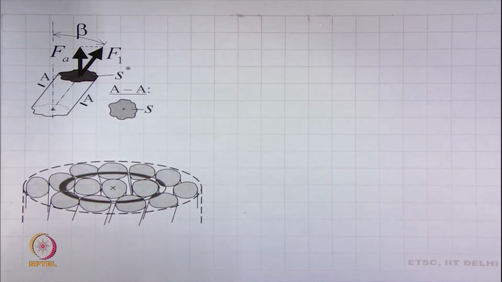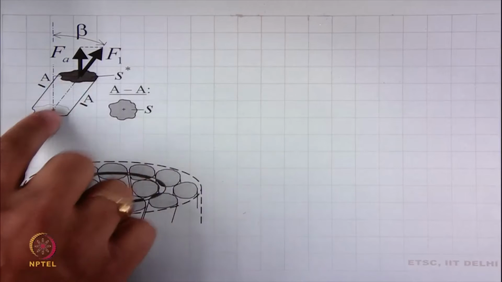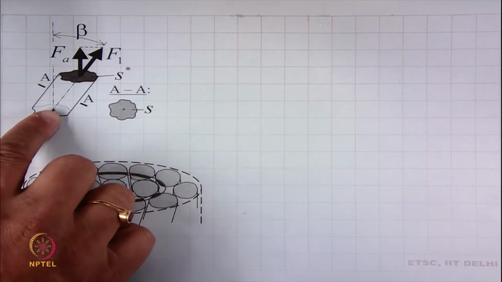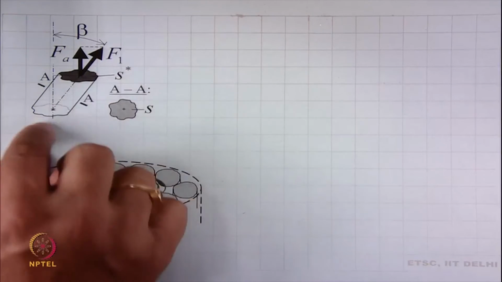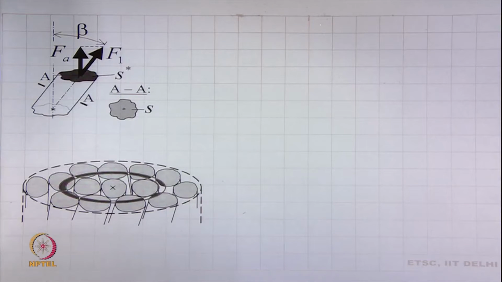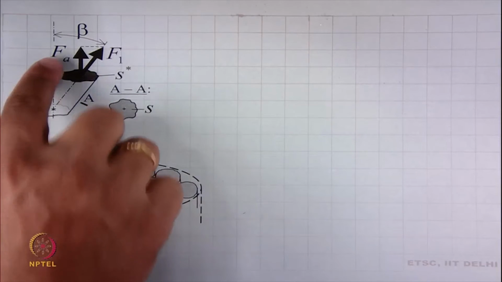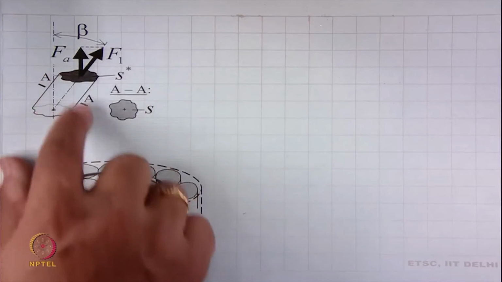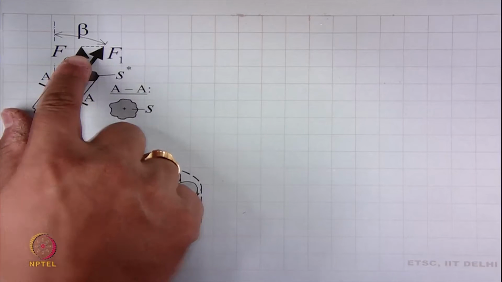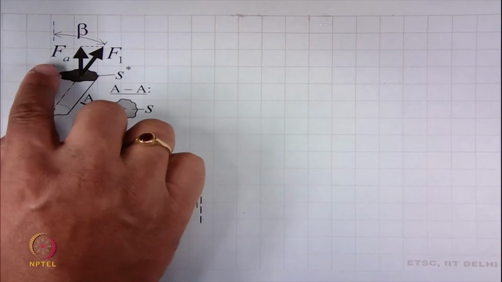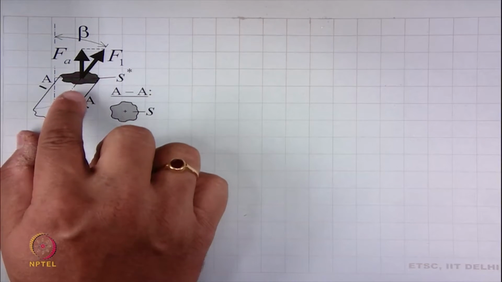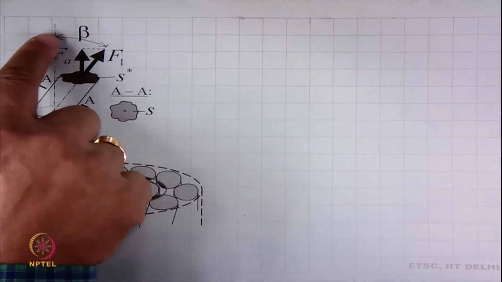What you see is an oblique fiber. An axial force F subscript 1 is applied to this fiber, and F subscript A is the axial force on the yarn. Beta is the twist angle.